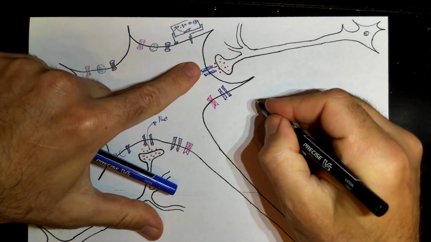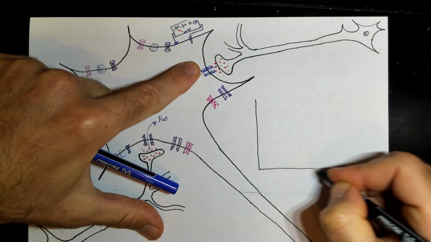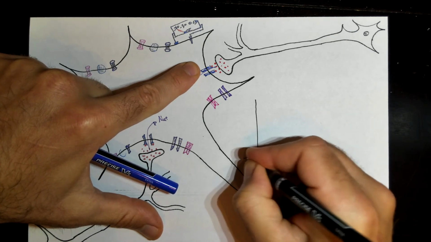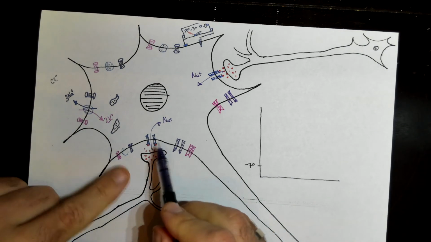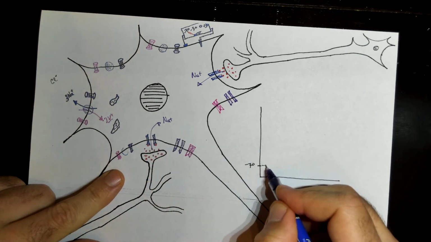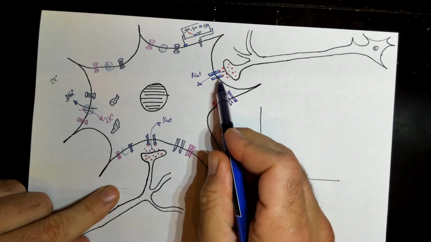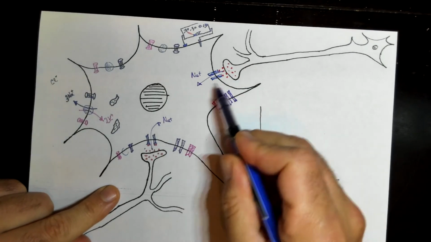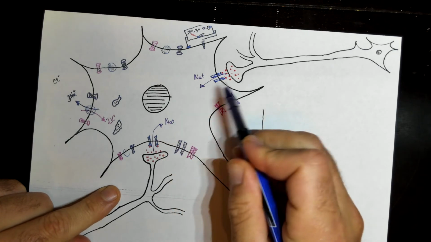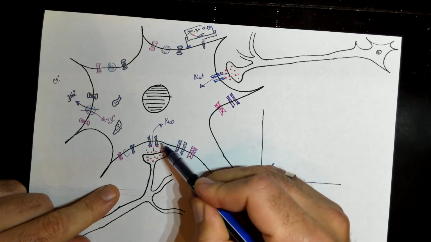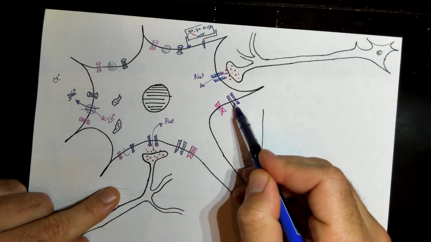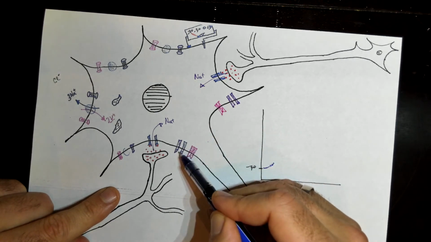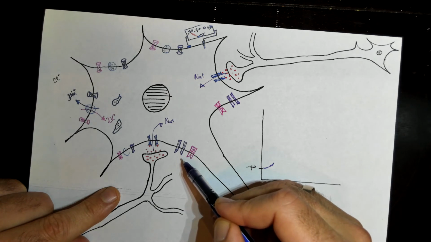So then you draw your graph. You start at that minus 70, and you can imagine that in this spot you would have that depolarization, but you would also have it in this area too. So both areas would start to depolarize, and then you would have voltage-gated channels over here as well as over here, right?